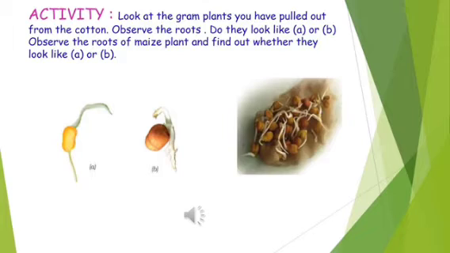Find out whether they look like A, where the root is like thin fibers or hair-like structures, or is it like B, where a single thick root is visible. So which seed matches which kind of root? You just take that and observe it here.